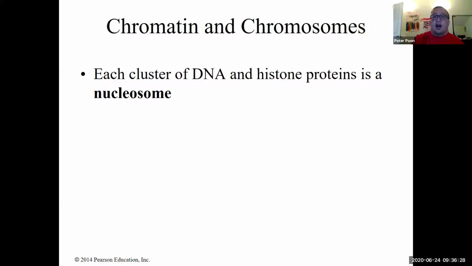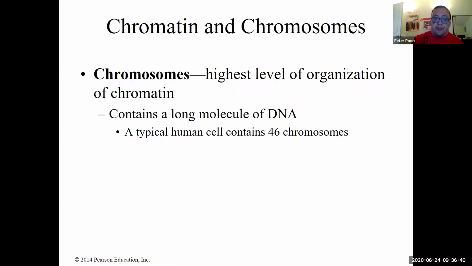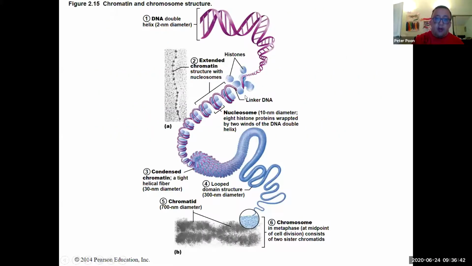Each cluster of DNA and histone proteins is called a nucleosome, and a nucleosome looks like a little ball. So little balls that look like beads on a string. That's the term that's always used to describe them.